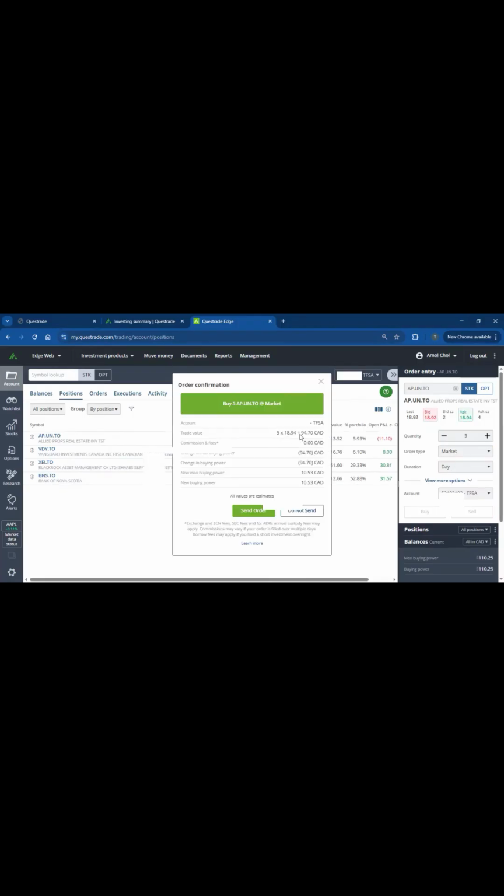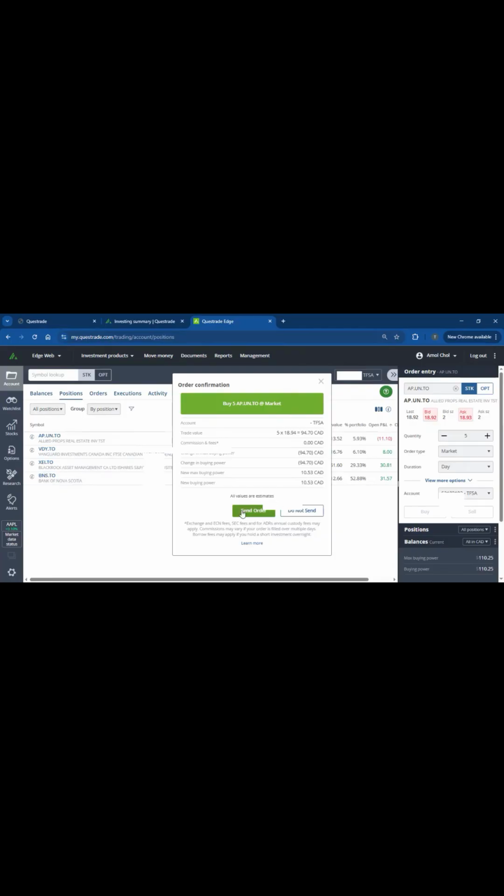Now let's look at our transaction. We have 5 shares times 18.94. You see, it has already changed by 1 cent. So it's going to cost us $94.70, no commission paid, and we are going to remain with $10 as our balance.